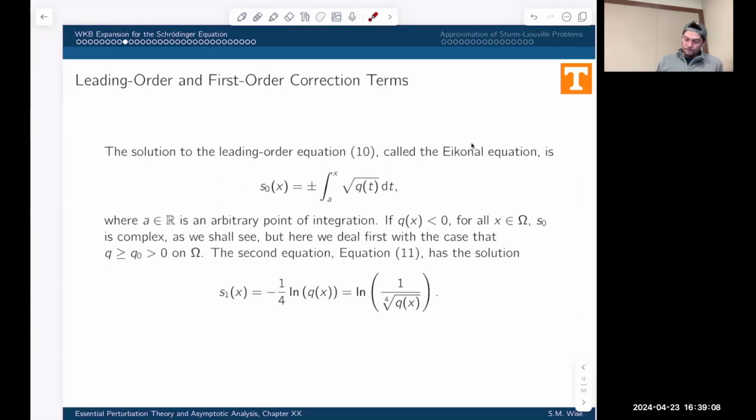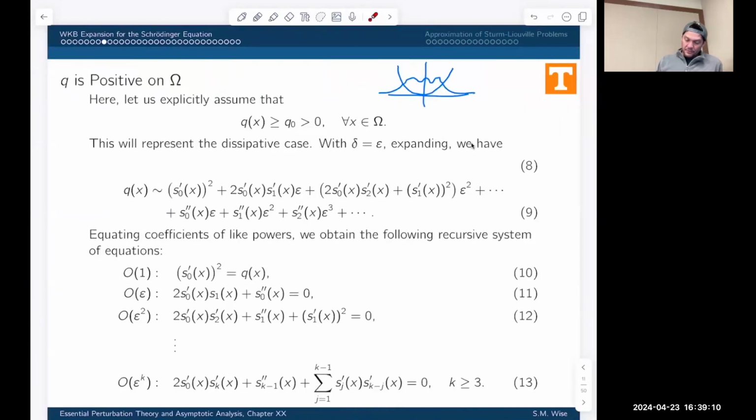S1 prime. Oh, did I screw this up? Let's see. Yes. It's not a purely algebraic equation, is it? That's good because as I was thinking in my head, this is not the right solution.